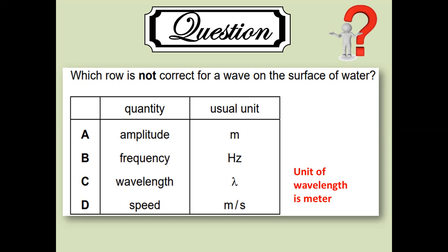The frequency has a unit hertz, it is correct. The speed has a unit meter per second. Here, the wavelength has a unit meter, while lambda is the symbol of the wavelength. So the unit of wavelength is meter. That's why C is the incorrect statement.